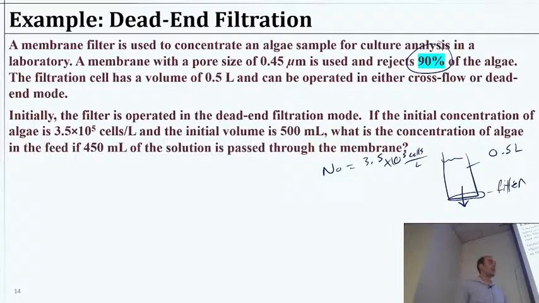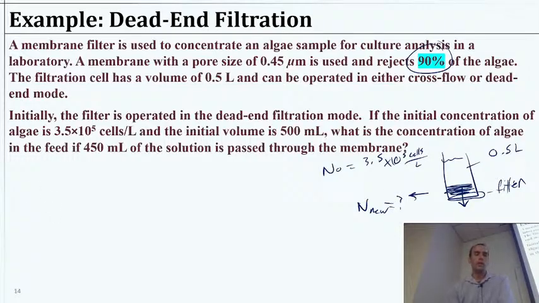So really, we just need a conservation of mass type of approach here. So we start with 500 milliliters, excuse me, and then we're going to end with 50 milliliters here, and we'll have some N, I don't know, nu that we want to solve for, right?